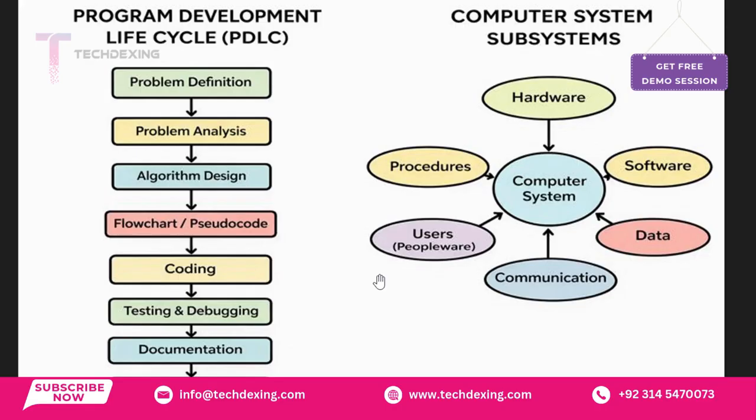Top-down design is basically seeing everything from the upper level, then moving into the inner complexities of everything. We know what a computer system is, then we divide it into subsystems like hardware, software, and so on. So we are going into the depth of everything from top to down.